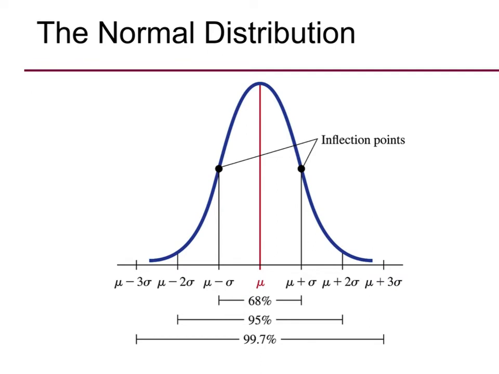And it's in the homework problems, and it's sometimes referred to as the 68, 95, 99.7 rule, or it's also known as the empirical rule.